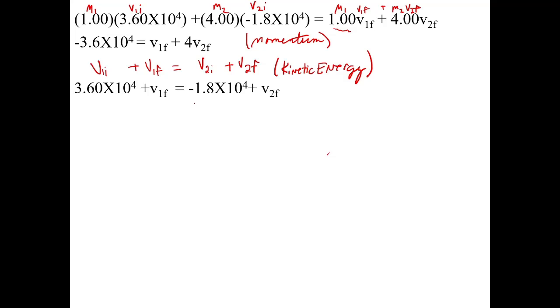Now, the only thing we can do there is add the 1.8 times 10 to the fourth. Let's add that to both sides. And then we'll subtract the V1 final from both sides. Now, you may need to pause the video from time to time in order to copy.